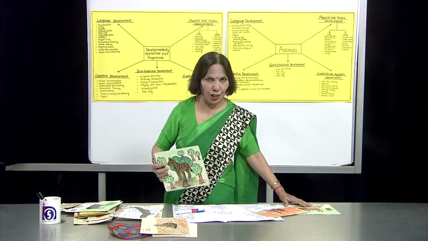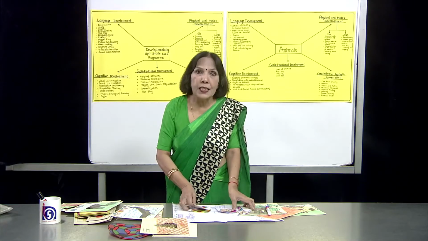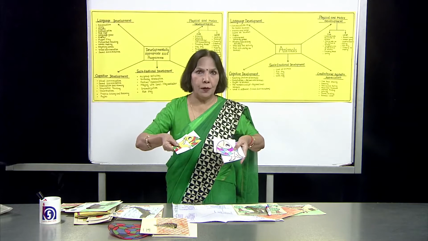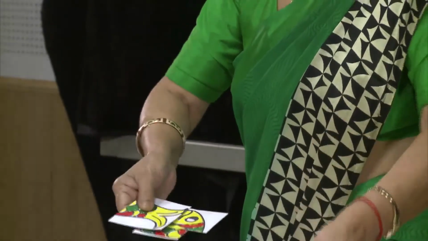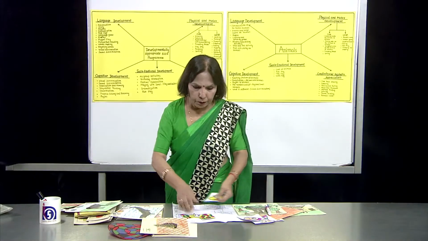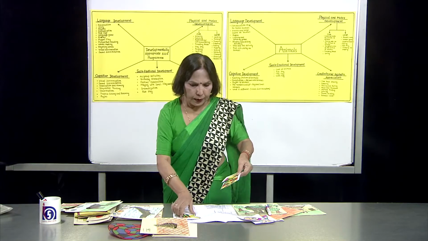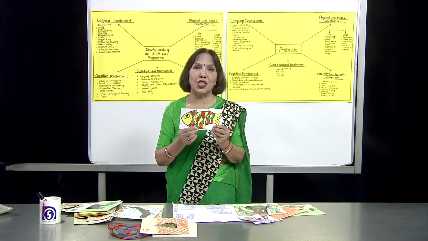This is classification. Problem solving and reasoning. You just give these pieces of paper and you ask them to join it. Now, children will join the pieces and they will complete the picture.